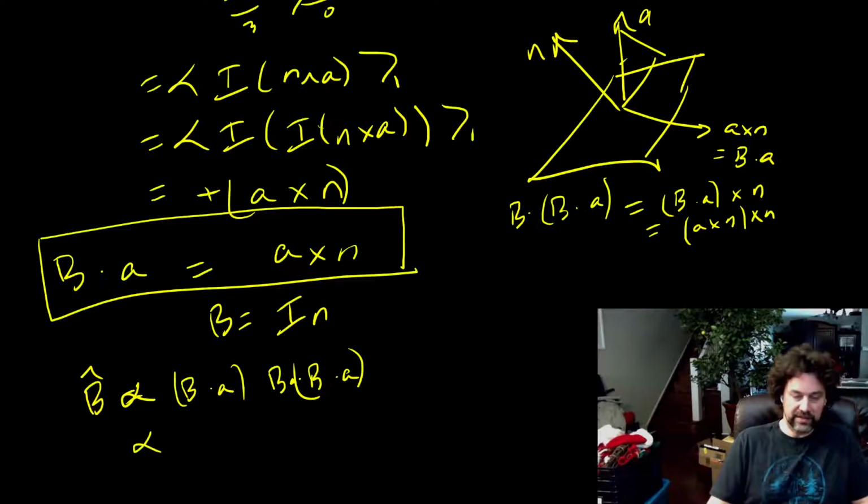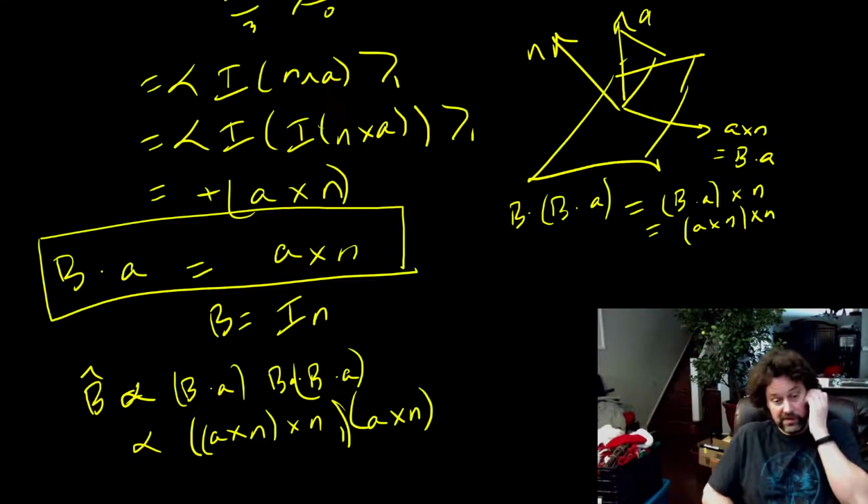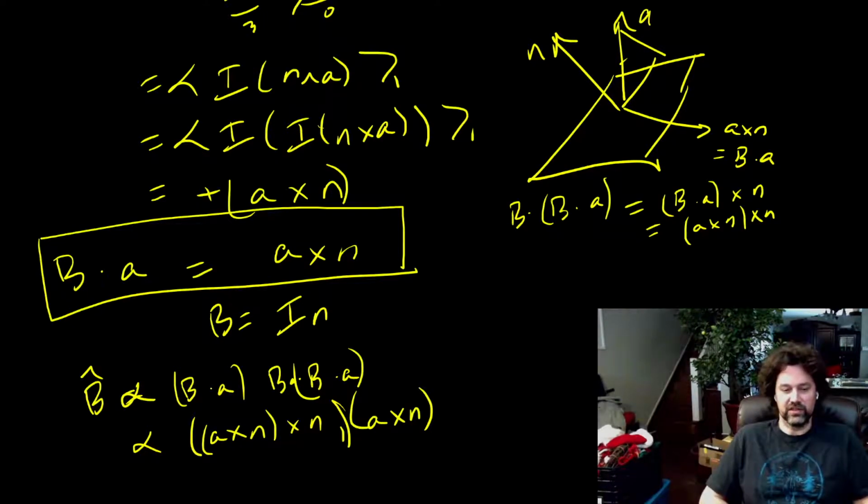Or we can say that two factors are going to be A cross N, and A cross N. So there's two other factors. So we can write the factors in terms of bivector dot products, or we can write the factors in terms of vector cross products, whatever is most convenient.